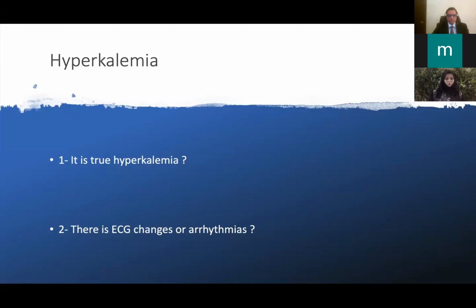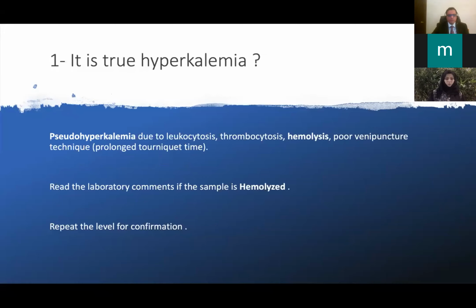So as I said, false hyperkalemia can be due to leukocytosis, thrombocytosis, hemolysis, poor venipuncture technique, prolonged tourniquet, or improper handling of the sample. Always, this is very helpful: read the laboratory comments on the sample.